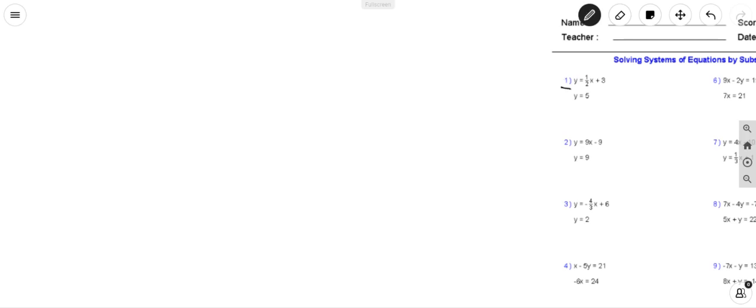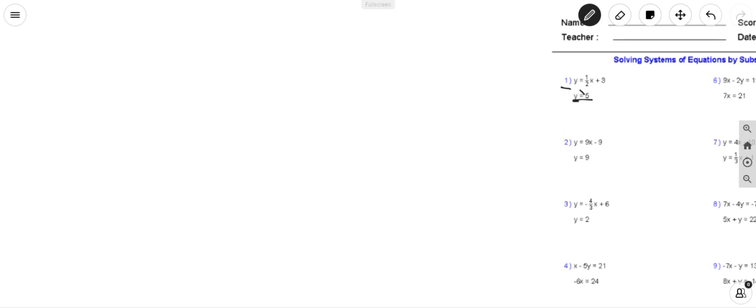So for the first problem, we can see that y is already given to us. We don't need to do a lot in there. What we're trying to find out here is what x is, and it says right here, y equals 5. This is a very simple problem.